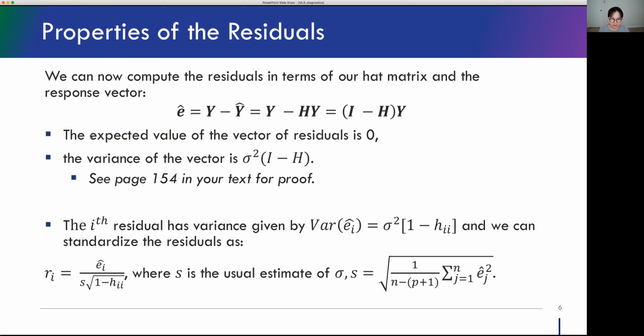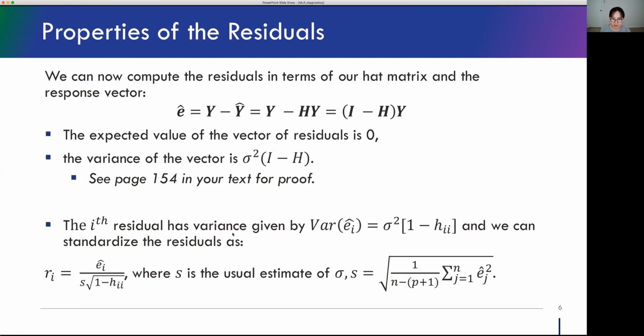The expected value of this vector of residuals is 0, and the variance of this vector E hat is sigma squared times (I minus H). If you are curious about how we get this, please refer to the text. I didn't put the theoretical part, all the math, here. It's more important that you know the expected value and the variance, I mean the conclusion.